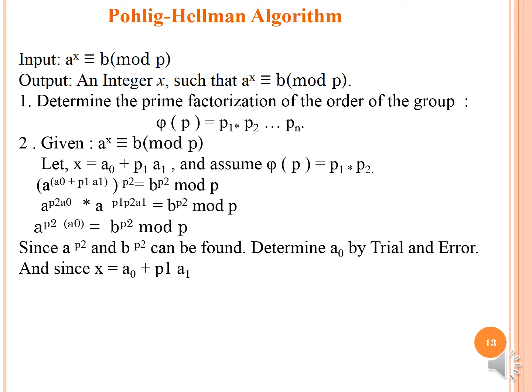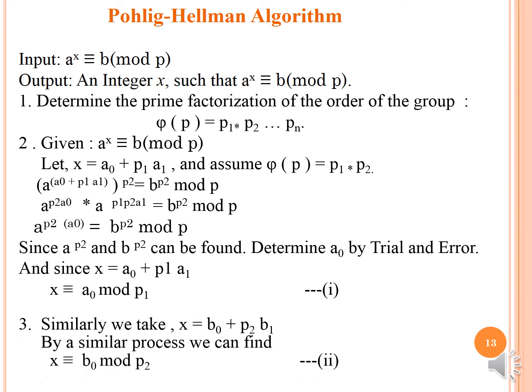Since we can easily find the values of a power p2 and b power p2, the only thing we have to determine is the value of a0 by hit and trial method. Since we have x equal to a0 plus a1 p1, after calculating the value of a0, we will find a congruence relation like x congruent to a0 mod p1.